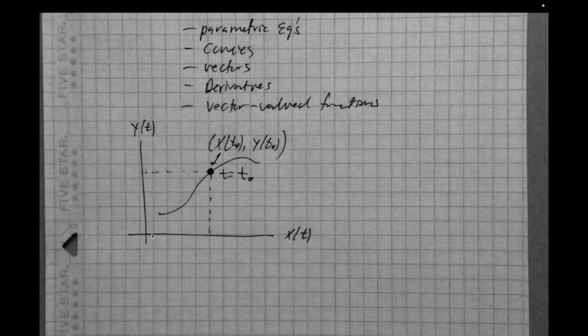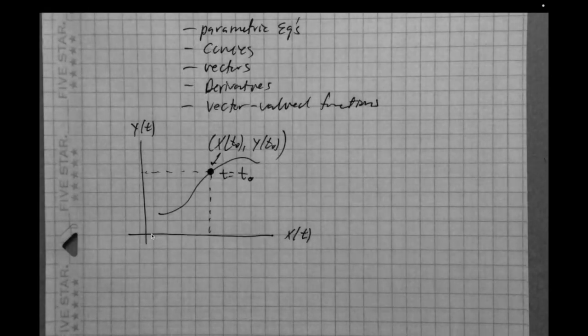If you think of it in these terms, then we can use the vector-valued function setup that we've just described to describe the position of the particle at any time t.